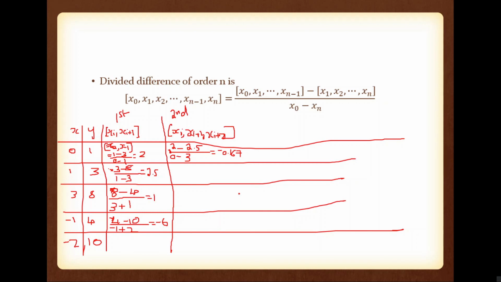Is it okay, all of you? Okay, very sorry. 2 minus 2.5 is minus 0.5 divided by 0 minus 3, minus 3. So minus 0.5 divided by minus 3, that is minus 1 by minus 6, so plus 1 by 6, that is 0.167.